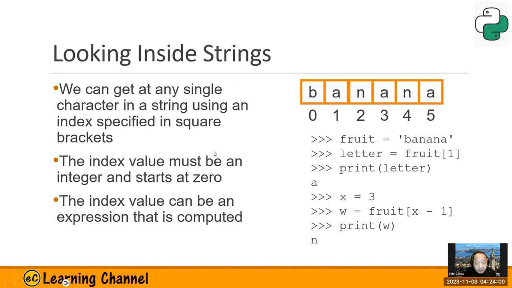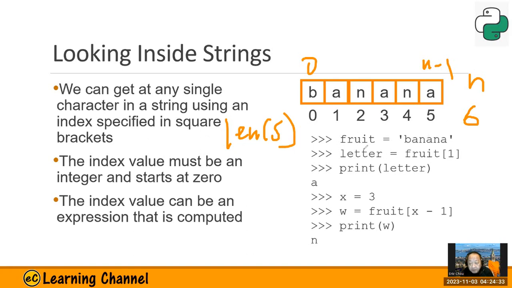Next, looking inside the string. Let's assume we have a string called banana, with the index starting from 0. So you have the index 0, 1, 2, 3, 4, 5. The length is 6, but index 6 has no data. Let's call the length N, so the indexes run from 0 up to N minus 1. You can use len of the string to figure out how long it is.